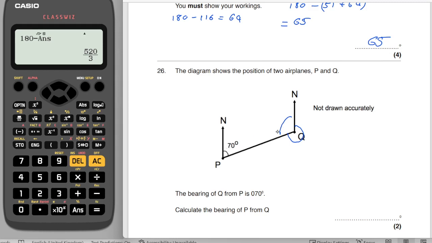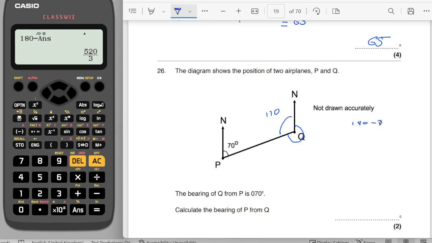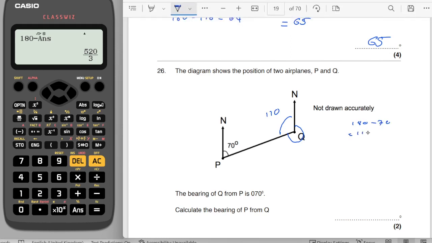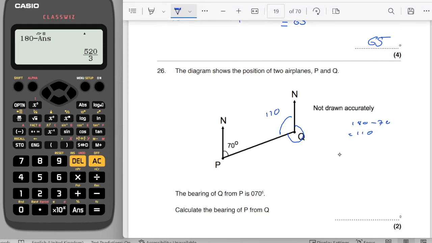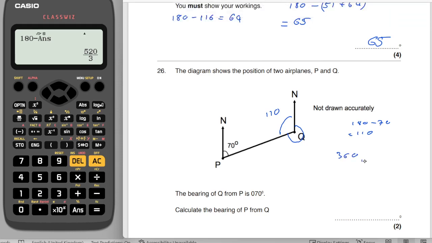That plus 70 need to add up to 180, so that's going to be 110. Or if I'm showing the working for that, 180 minus 70 is 110. So the bearing is going to be 360 minus 110, so the bearing is going to be 250.